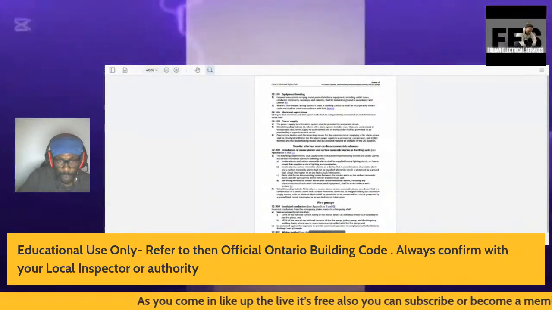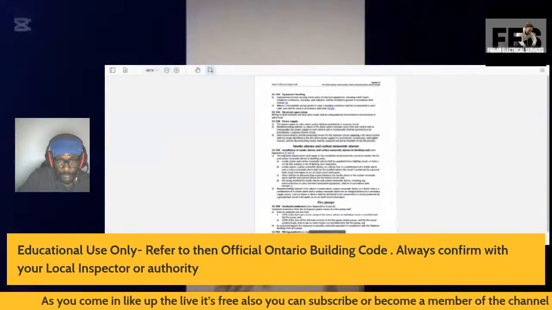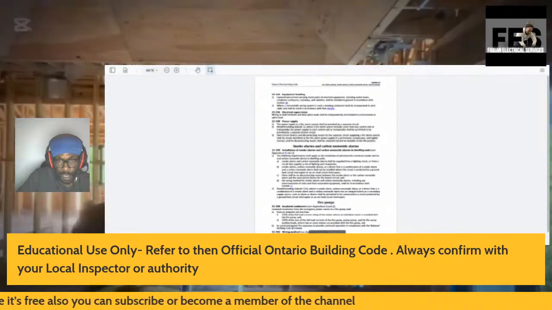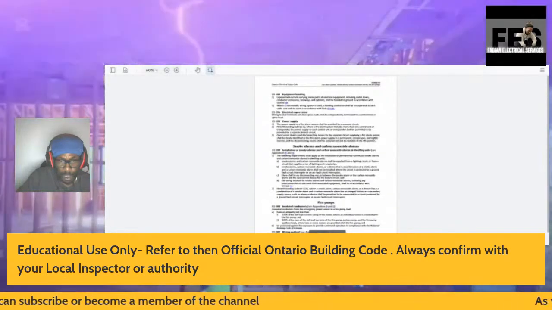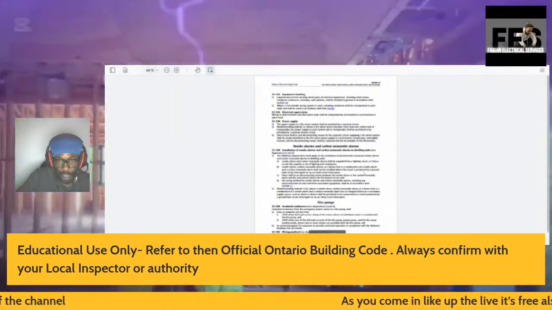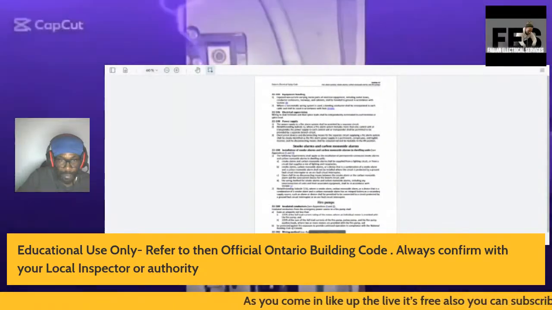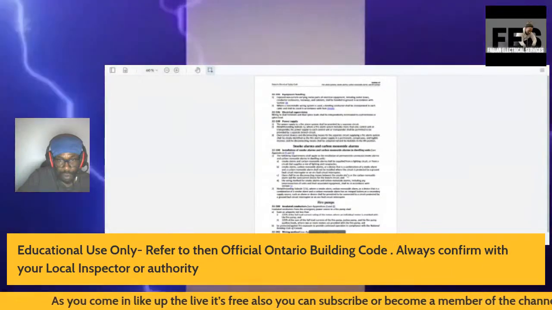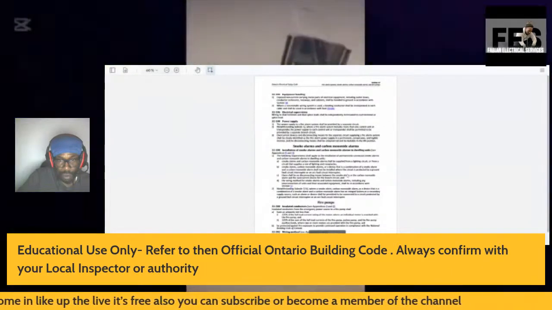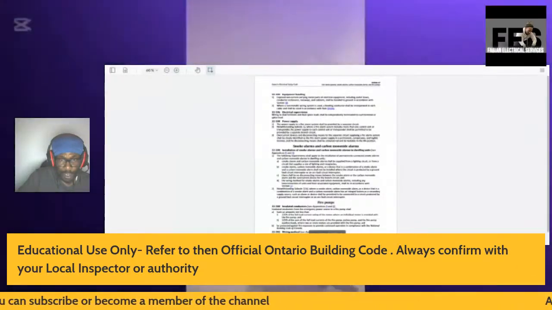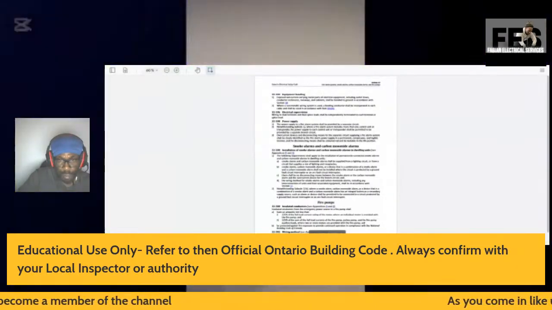So smoke alarms, carbon monoxide alarms, or a device that is a combination of a smoke alarm and a carbon monoxide alarm shall not be installed where the circuit is protected by a ground fault circuit interrupter or an arc fault circuit interrupter. That is basically your GFI, and an arc fault circuit interrupter is the actual arc fault breaker.